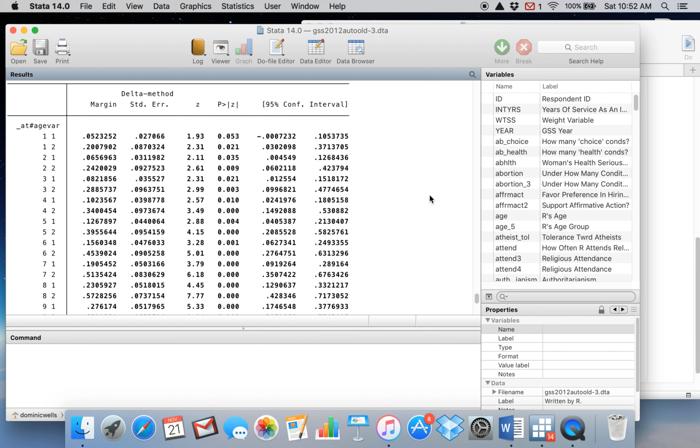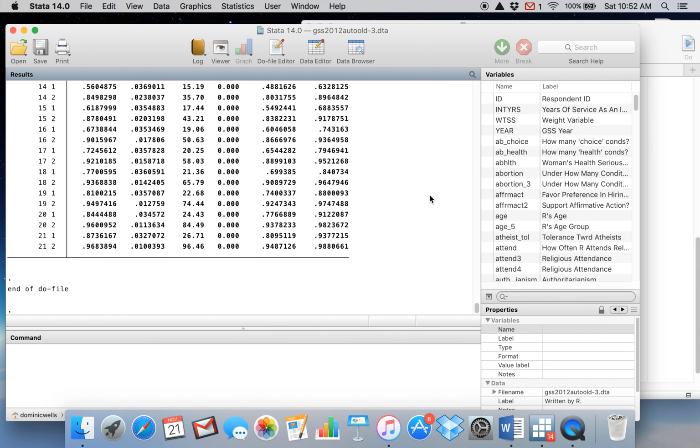So instead of listing off a coefficient and saying, well, this has a positive 0.23 impact on the logged odds of voting, you can actually tell people what the probability is that a person with certain characteristics will turn out to vote. So this is the final thing that the chapter wanted us to do, and I hope this was helpful. And this concludes the walkthrough of Chapter 10 on logistic regression.